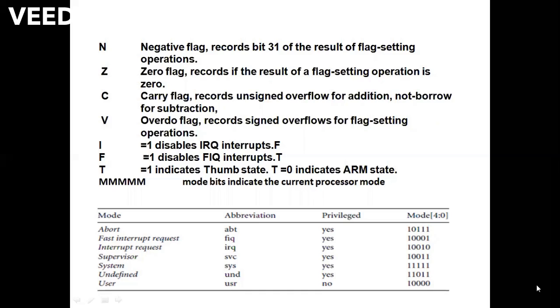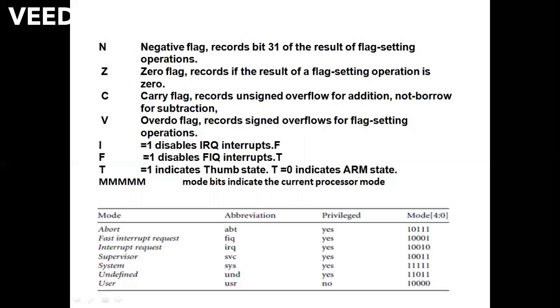But the moment it is not able to understand something, it will switch over to undefined mode, indicating an error to the user that there is something wrong with the instruction, the statement, or the system. The mistake may be with anything, maybe software or maybe hardware. If it is not able to understand, then immediately the processor will switch from user mode to undefined mode.